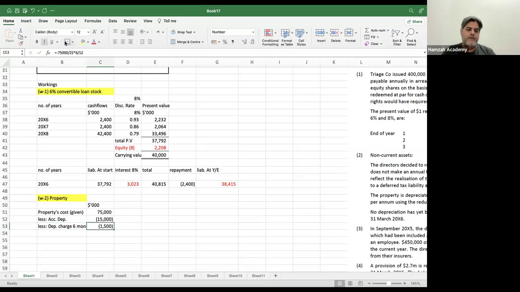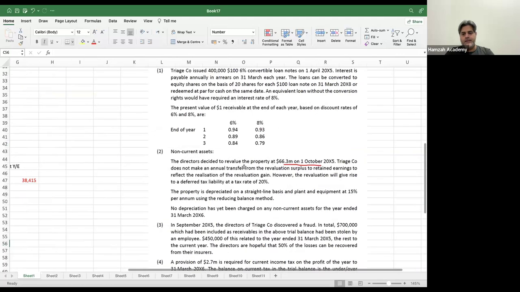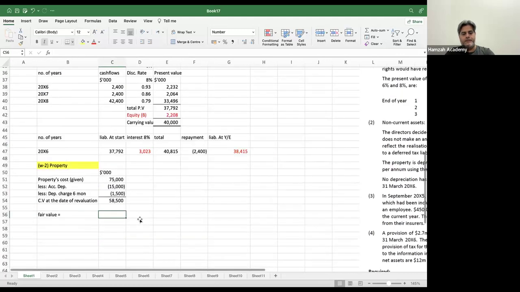Then we are going to have carrying value at the date of revaluation. So we'll have this carrying value at the date of revaluation over here, and that's going to be 58,500 over here.